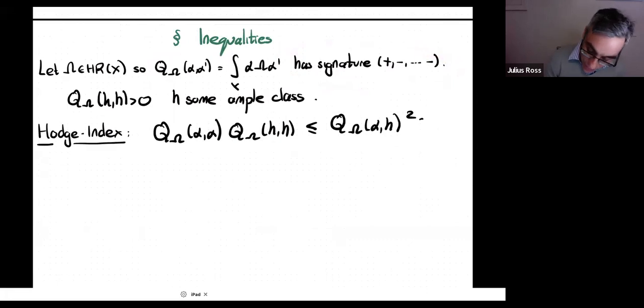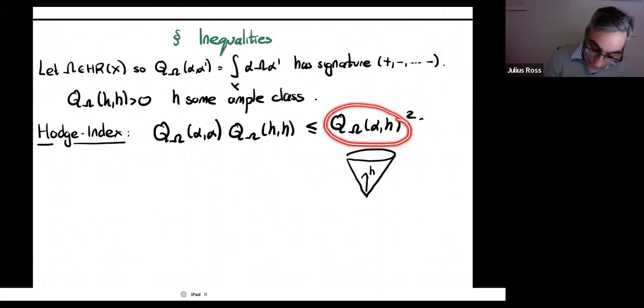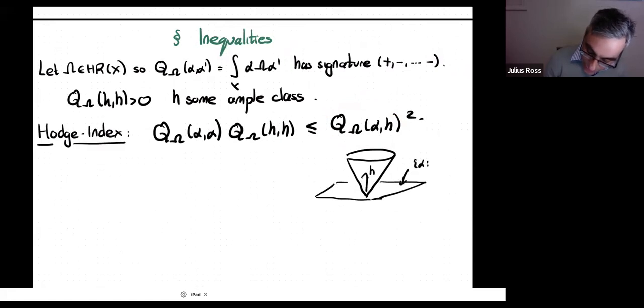The picture you have in your mind is you have some cone on which Q is positive. And H is maybe in here somewhere, because Q is positive on that cone. Then if you take the orthogonal complement to H, where this thing vanishes, the primitive space, this is the set of alpha such that Q of alpha H is 0.